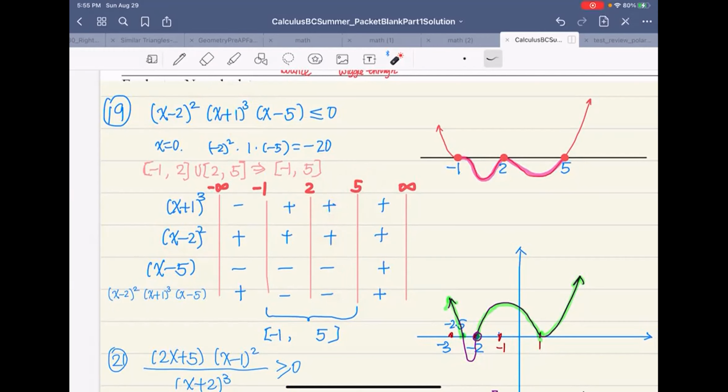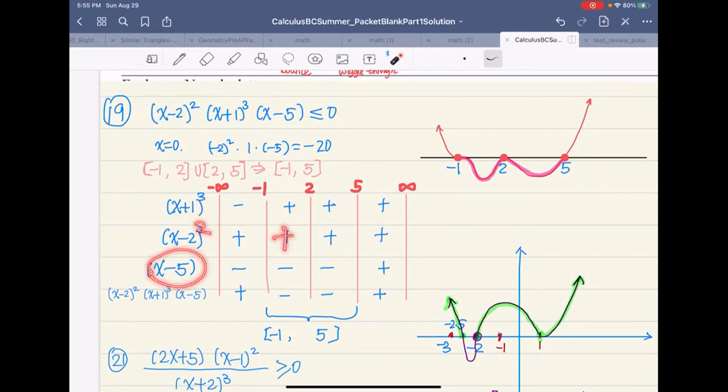Okay. And then between -1 and 2. X plus 1 is still positive. X minus 2, you are between -1 and 2, but you have a square, so you still have positive.